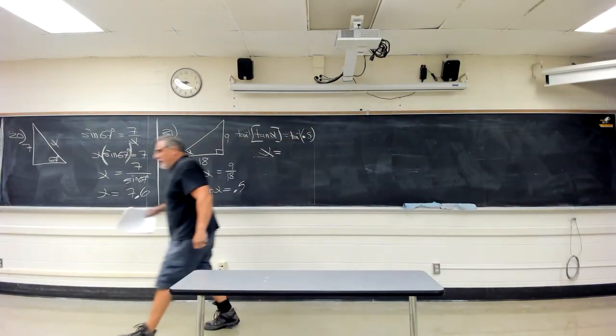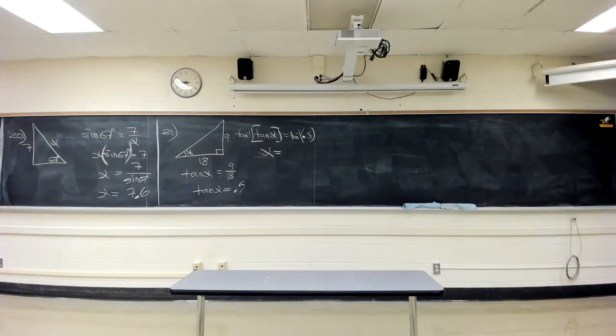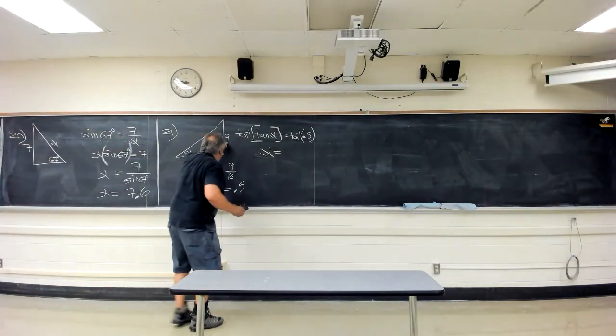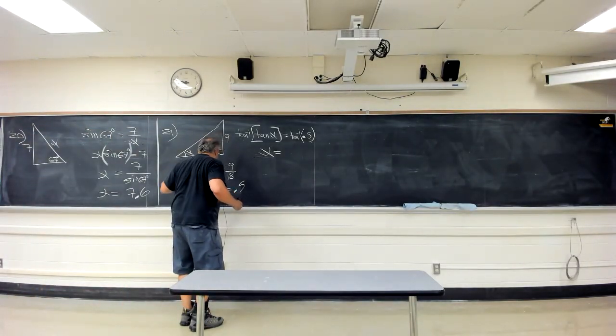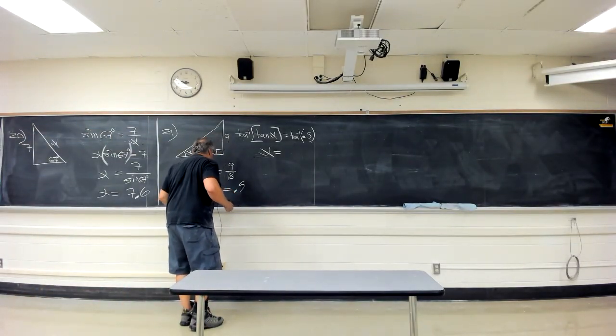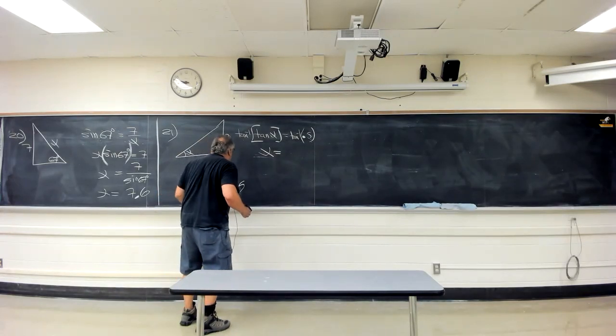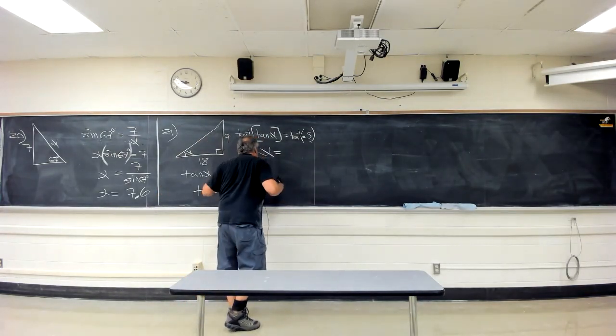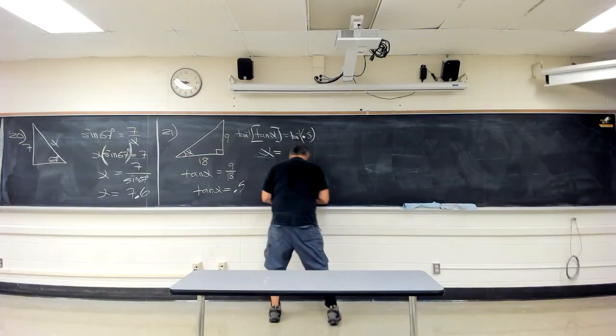We got the calculator, you got to go for the inverse tangent on that, because they gave you enough data. They gave you the data that 9 over 18 is 0.5. That's the tangent of x. Where does 0.5 come from? What angle does it come from? Well, let's get the inverse tangent to actually get it.